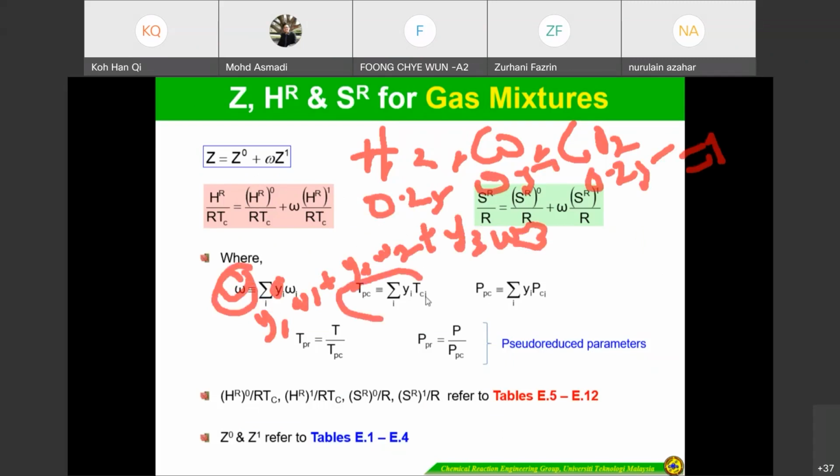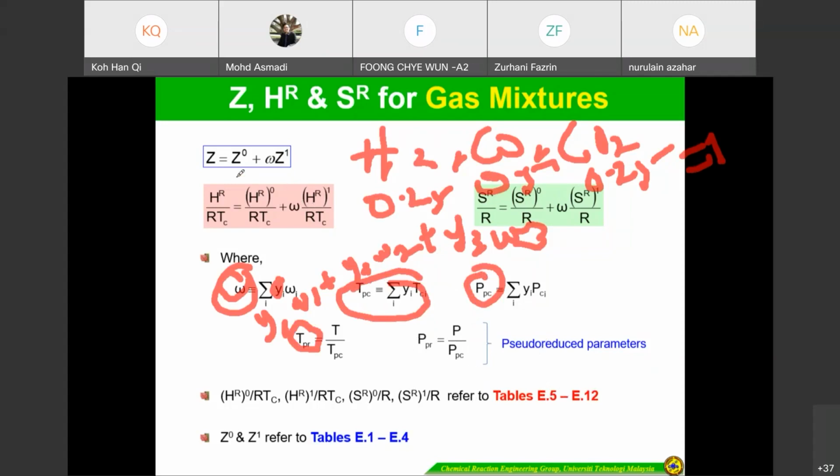Similarly for TPC and PPC, for each species. Then you calculate TPR from the TPC and PPC. This is for the case of the gas mixture. Then you can do interpolations from tables E5 to E12.